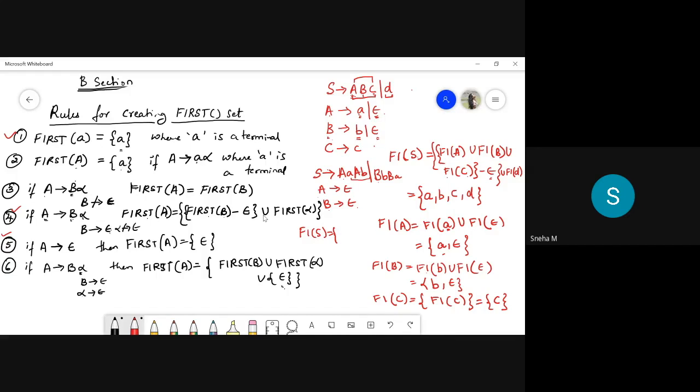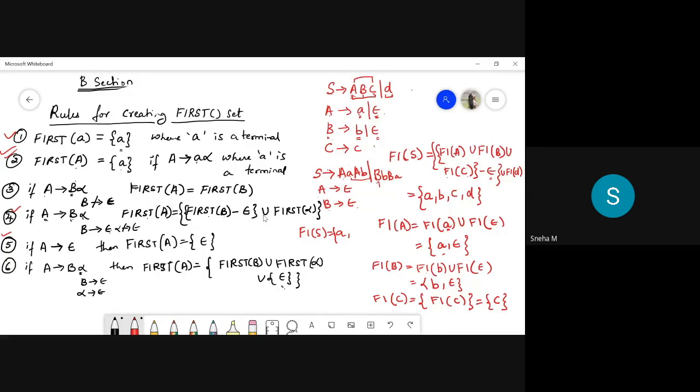So if you substitute epsilon in place of A, from S you can see small a. So it will match the second rule, right? So you will see a. And nothing else, because after that it's a terminal, right? So we can't go further.